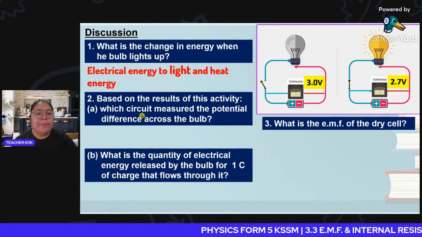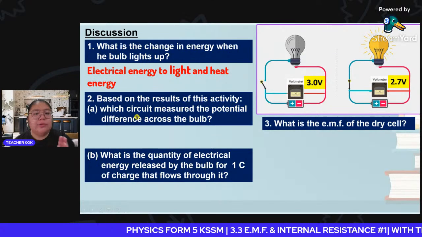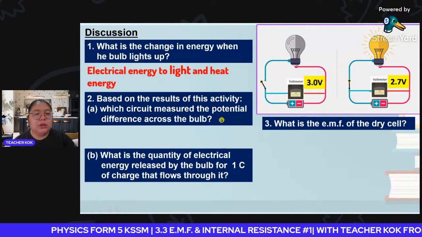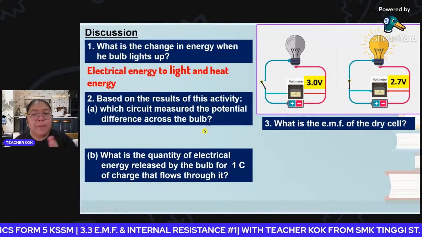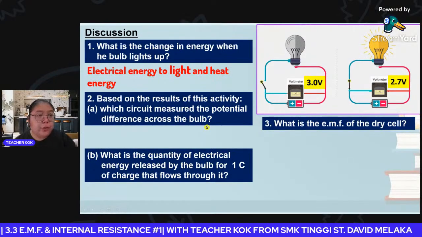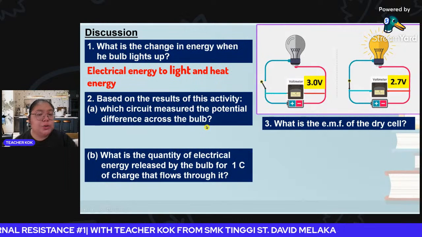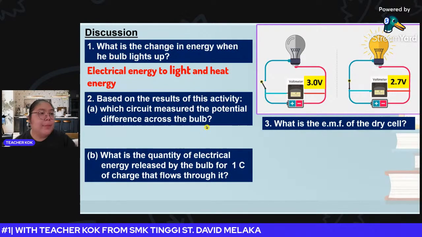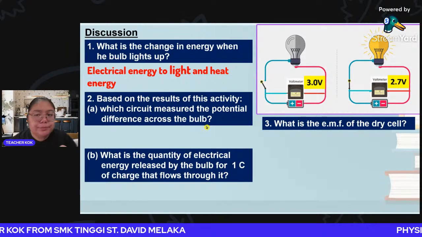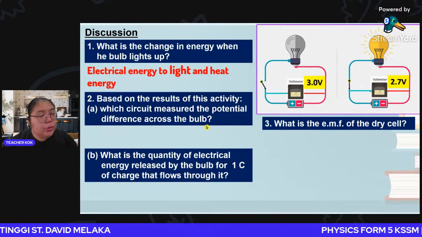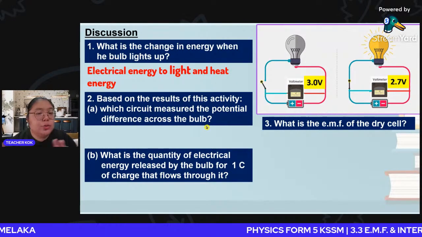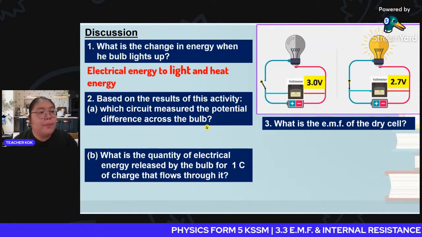Number two, based on the results of the activity, which circuit measures the potential difference across the bulb? Which one, 3 volt or 2.7 volt, measures the potential difference of the bulb?